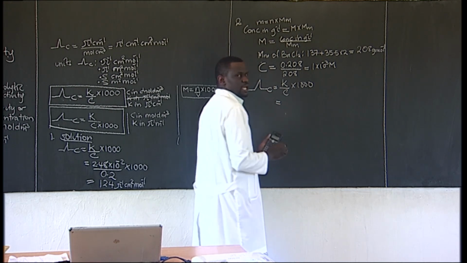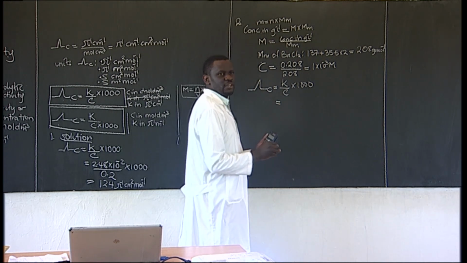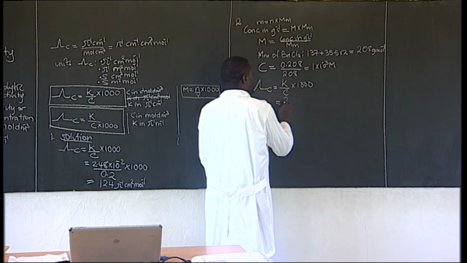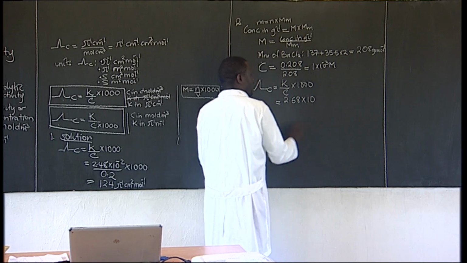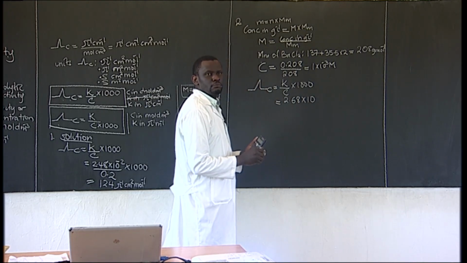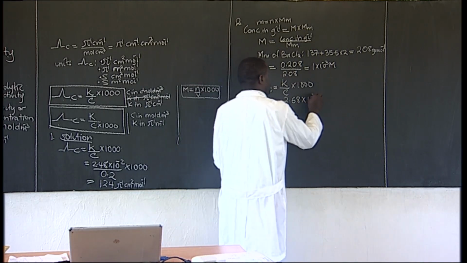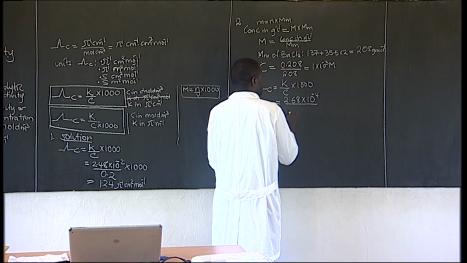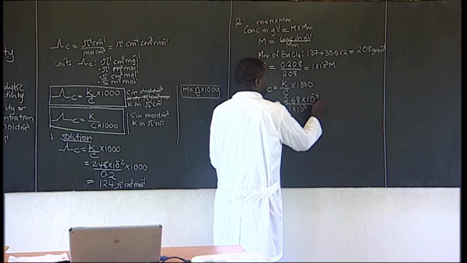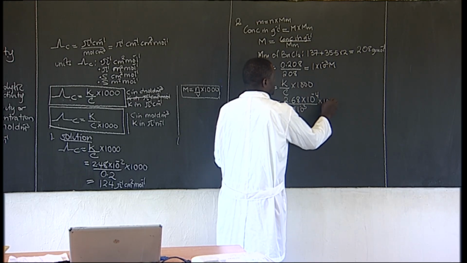Our K value is 2.68 times 10 to the power -4 divided by 1 times 10 to the power -3 times 1,000.